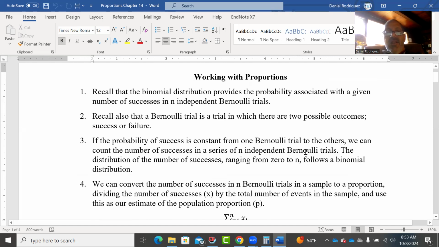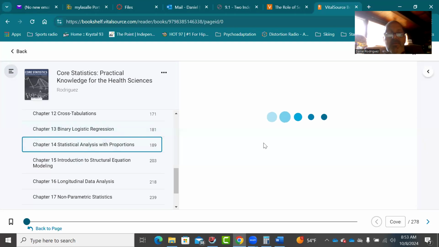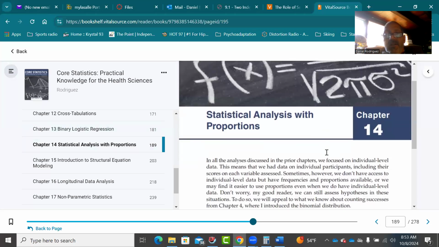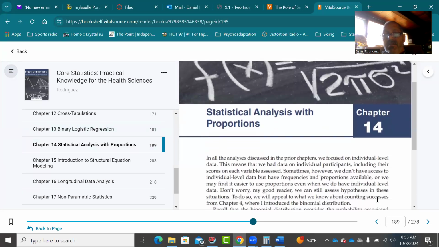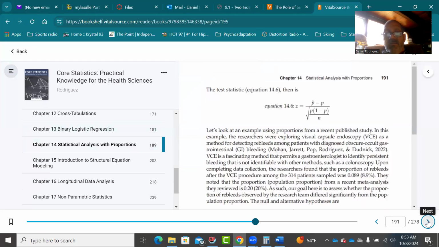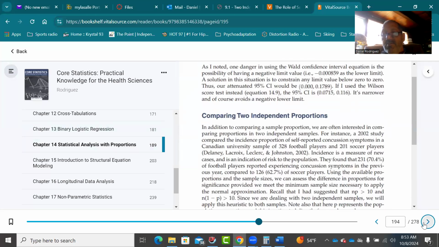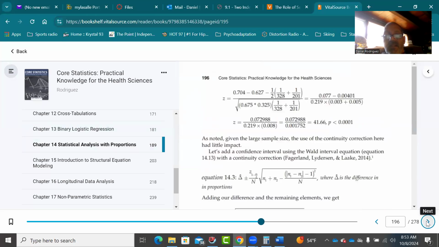But for anybody else watching this, buy the book, read the chapter. Chapter 14 includes a lot of good stuff on proportions, including how to calculate sample size and the like. So this is what we were just working on.